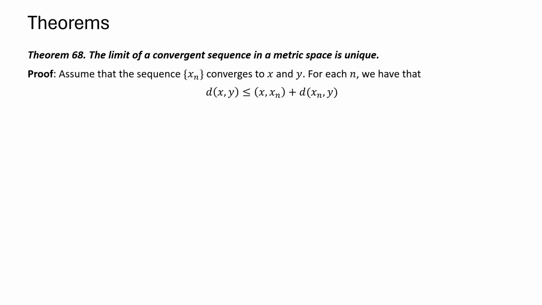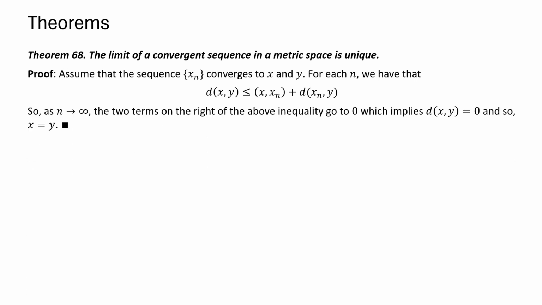We want to disprove this, of course, since the theorem says it should be unique. Then for each n, we have that the distance between these two points, x and y, is less than or equal to the distance from x to x sub n plus the distance from x sub n to y. That's from the triangle inequality.